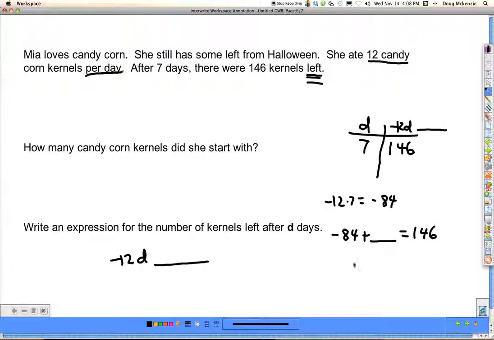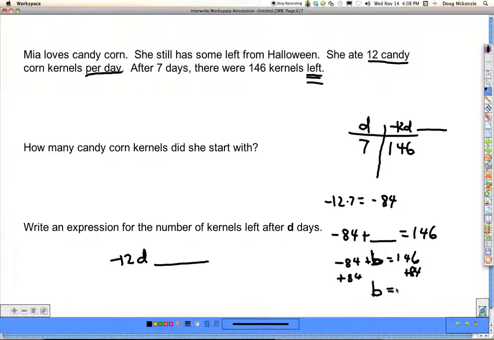So again, if I put a variable in that spot, negative 84 plus b equals 146. To solve for b, I've got to get rid of this. I'm going to add 84 to both sides. B, sorry, it looks like a 6.